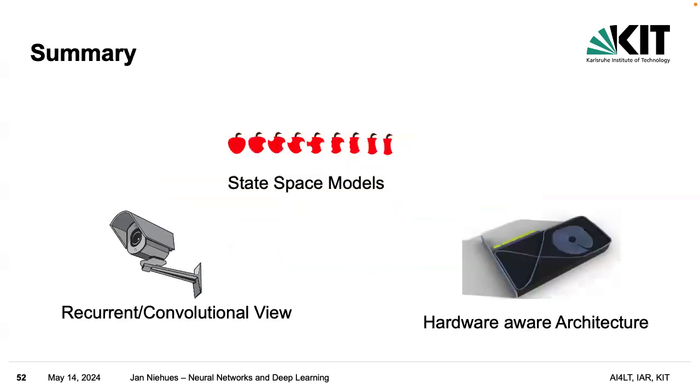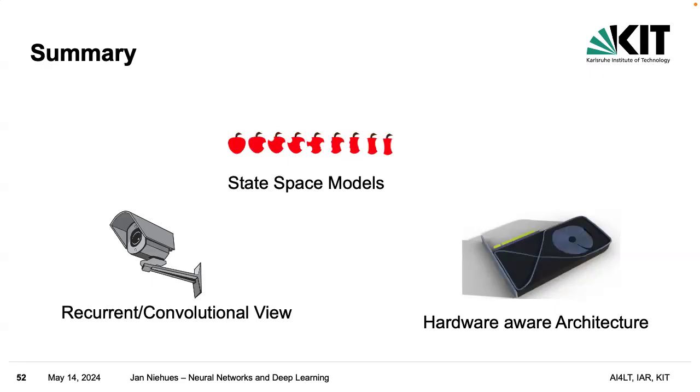Good. So what you should remember from this lecture is, on the one hand, what state space models are and how they can be used. Then we had this recurrent and convolutional view, and that is very helpful. We'll see later in training, where you have everything available, it's good to use the convolutional view to do the processing in parallel, while the recurrent view is good when you're getting one input at a time and you don't want to store all the history.